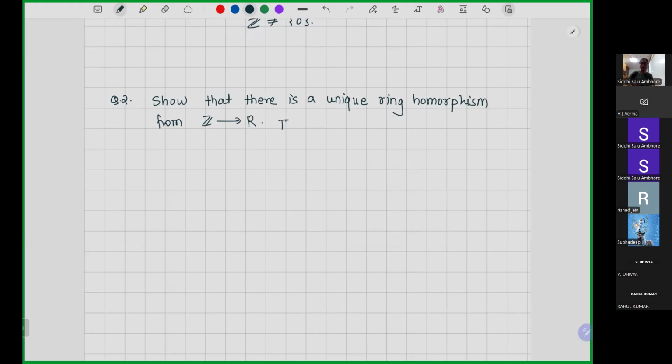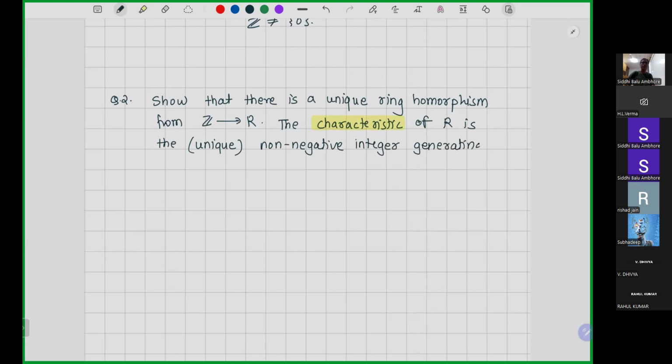The characteristic of R is the unique non-negative integer generating the kernel of this homomorphism.